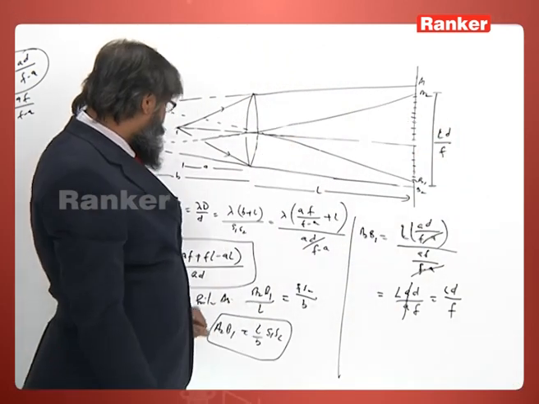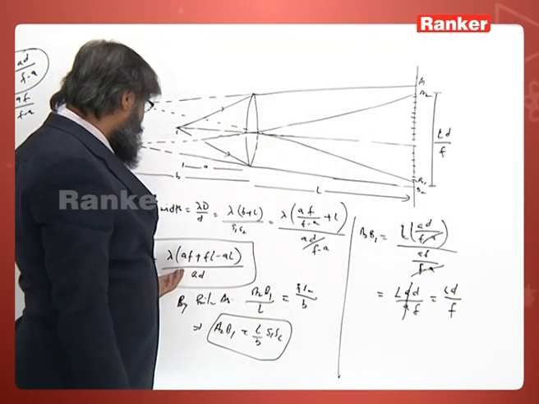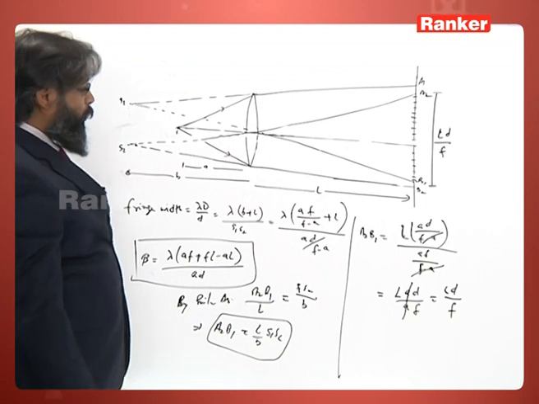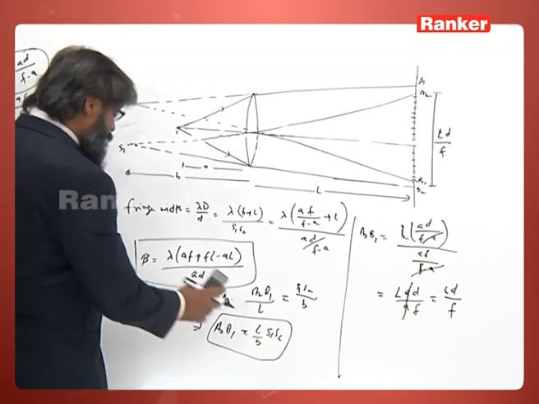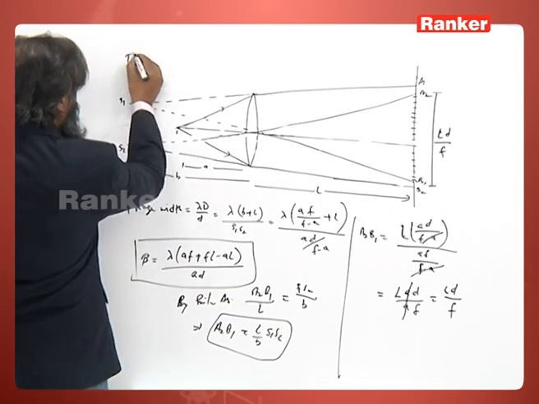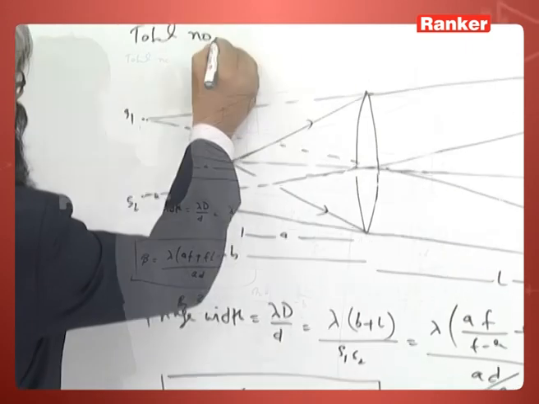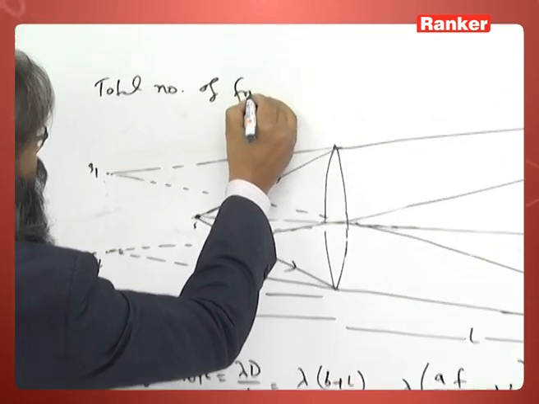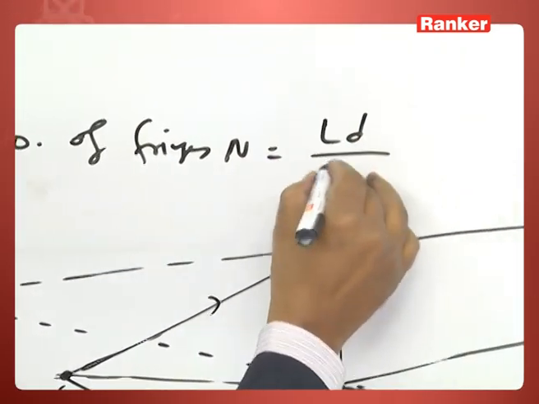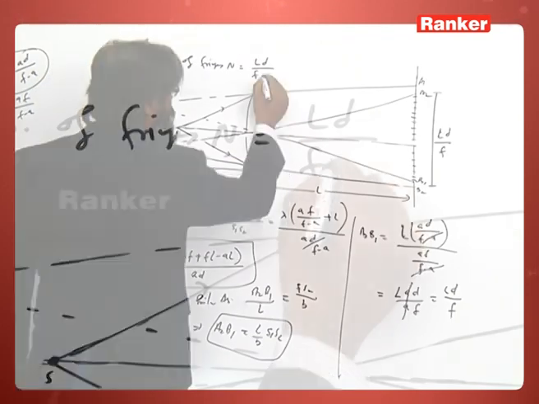So now we got this distance, we got this beta. So it is easy to now calculate the total number of fringes. So total number of fringes N will be equal to LD by F, this distance, divided by beta.